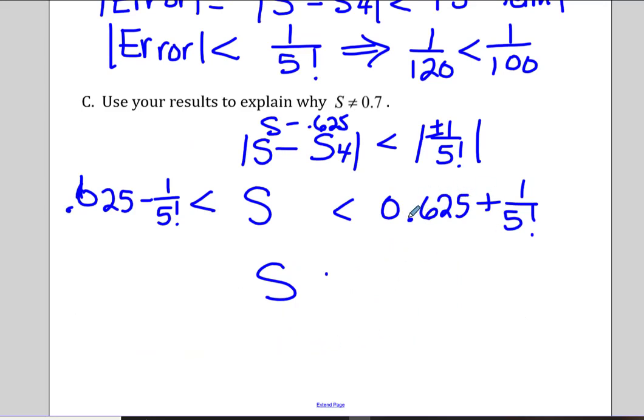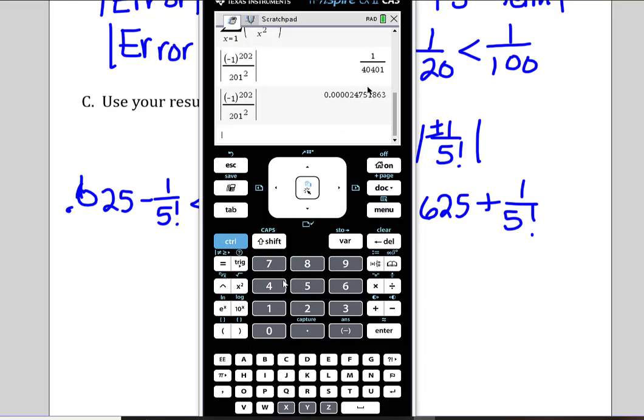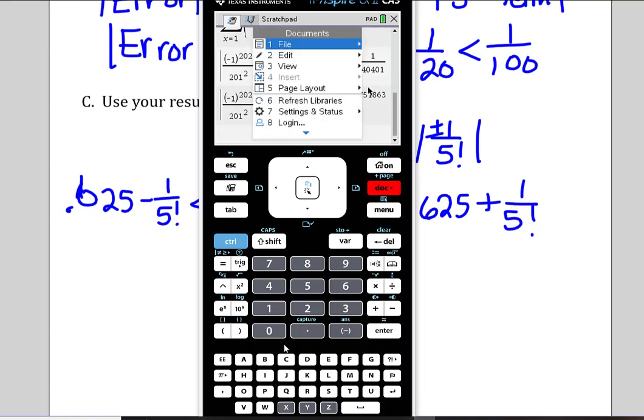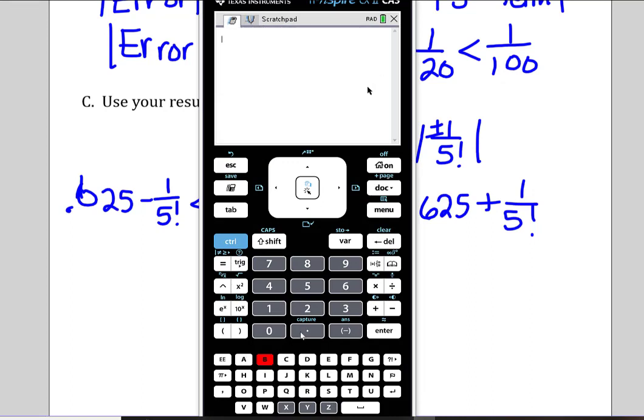So with our calculator, we've got 1 over 5 factorial, which was 1 over 120. So we've got 0.625 plus 1 divided by 120. And that's 0.63 repeating.